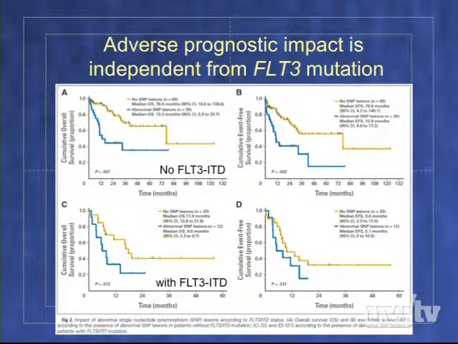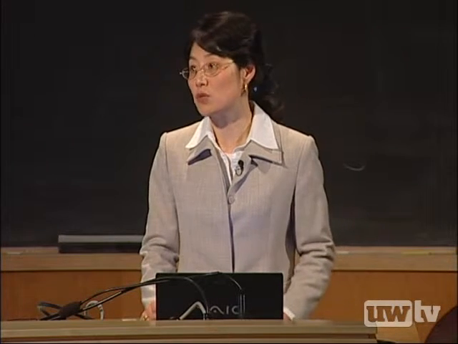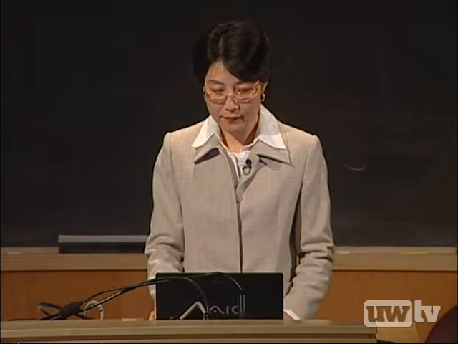They further showed that this adverse prognosis is independent of FLT3 mutations. With the group of patients without FLT3 mutations shown on the upper panels, and the patients with FLT3 ITD on the lower panel, those with additional array-detected abnormalities still do much poorer.